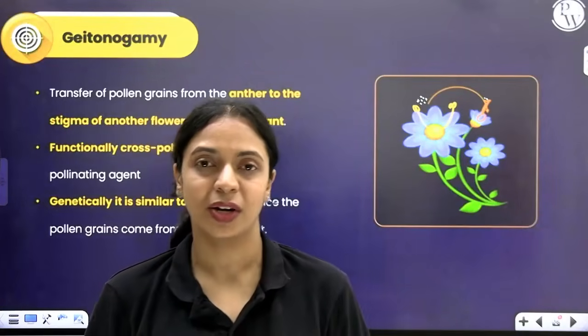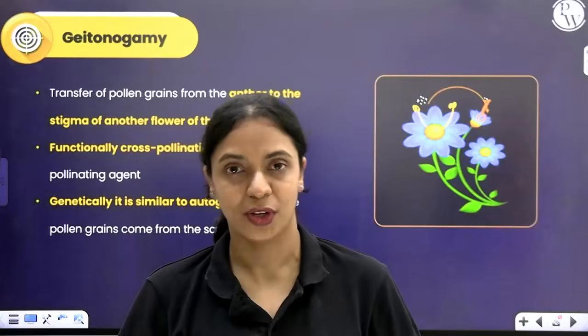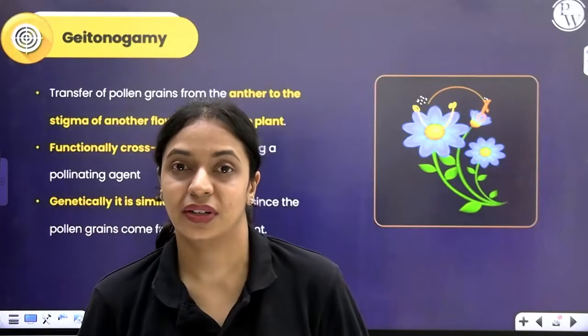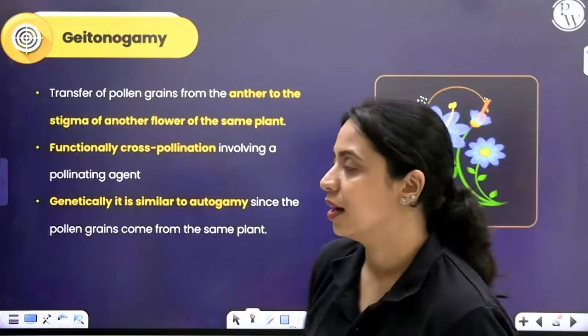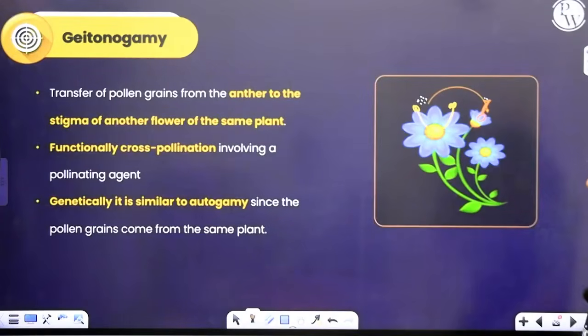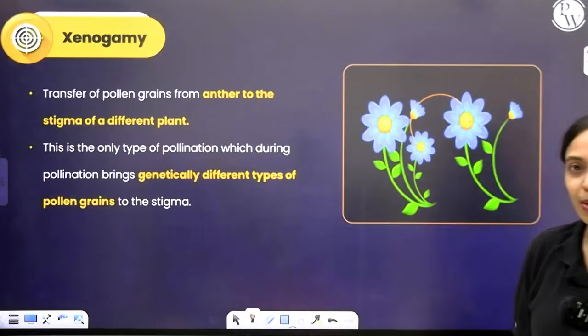Genetically, if you think about it, this is also like self-pollination because it's coming from the pollen grains belonging to the same plant. But technically, it is cross because it's happening between two different flowers, right? So functionally, it is cross-pollination. Genetically, it is self-pollination.